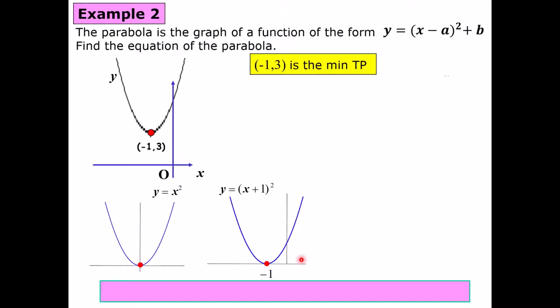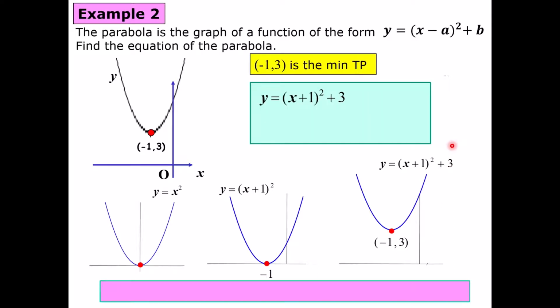So we're going back -1, and then we're going up 3 places to get to where our turning point was, and that is how this equation comes about. The x value is moving back 1 and the y is moving up 3 places. So this is our equation, and let's think about picking out our turning point from our equation. I know we already know it, but we need to know where these numbers are coming from within our equation.